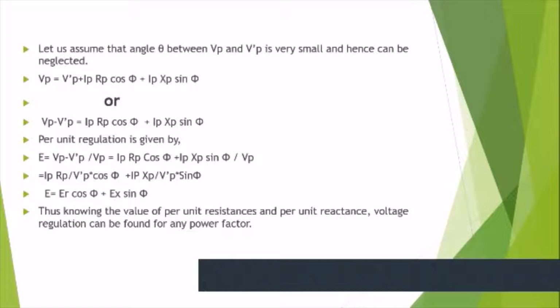You can see Ip means current in primary winding, and Is means current in secondary winding.